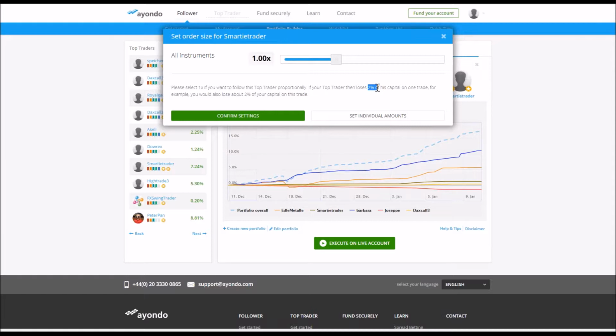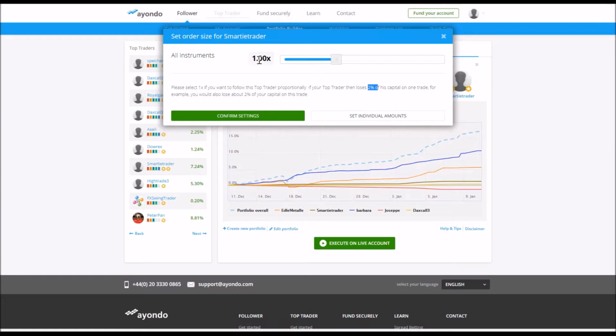So 2% of 10 grand is 200 quid. If we're following them 1 times, the trade will be done at the same level of percentage risk on our account. So if I've only got a 2,000 quid account, it won't risk losing 200 quid on the trade for me, because that would be 10% of my account.